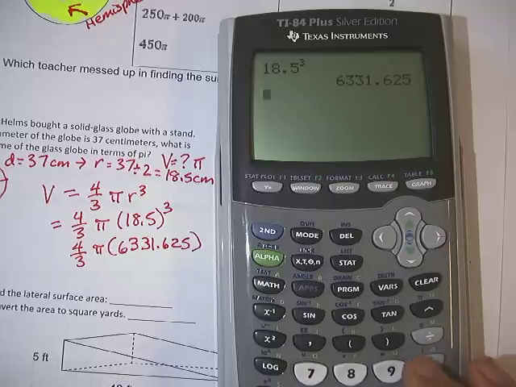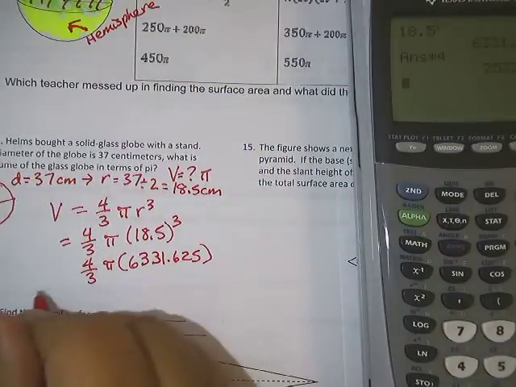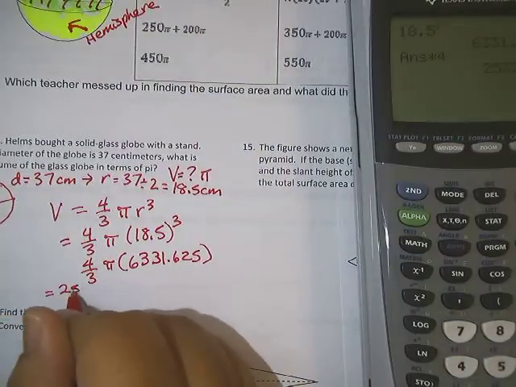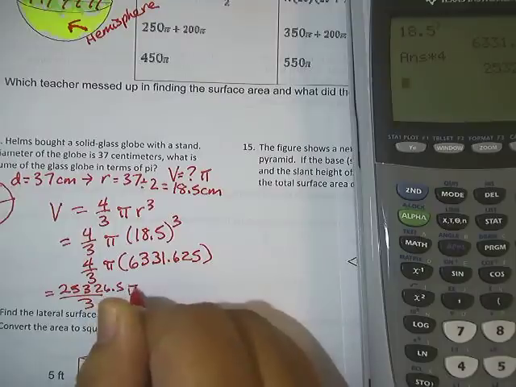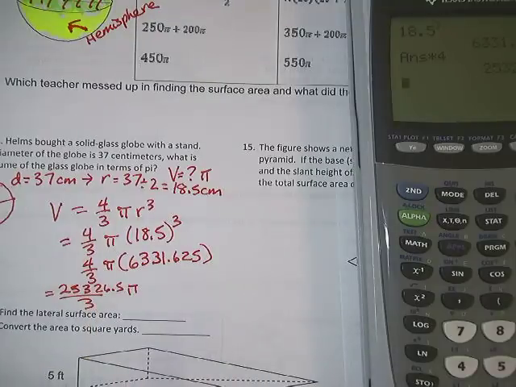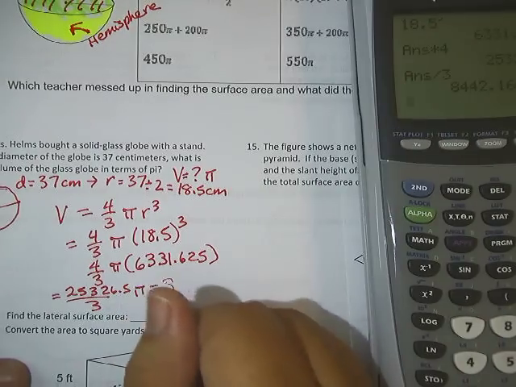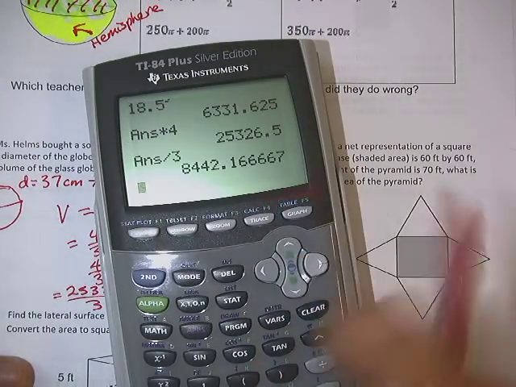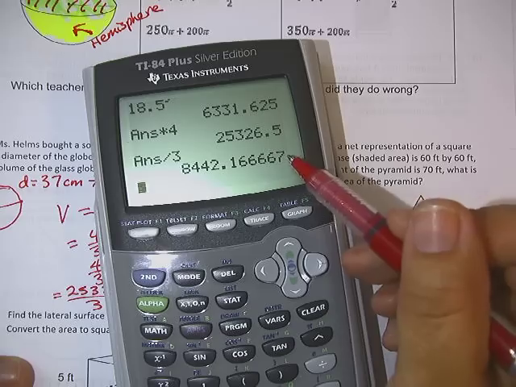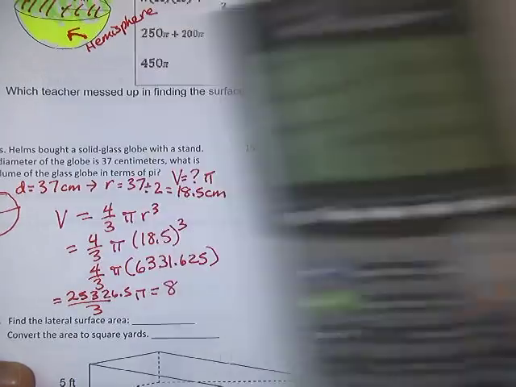Then just multiply this by the 4, and I get 25326.5 all over 3 pi. That's a decimal, so might as well divide it by 3. Okay, so I divided it by 3, and that's what I got. This is a repeating decimal. The calculator only changes it to 7 because it can't do 6 forever.